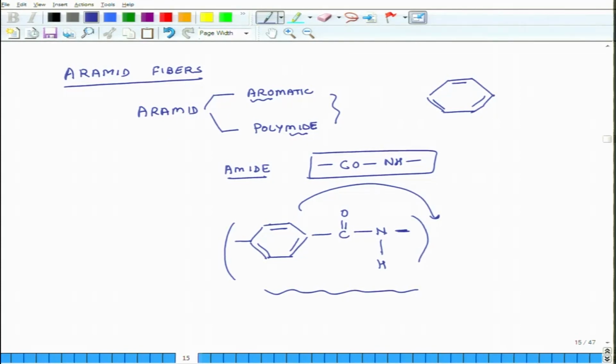They are known as aramid fibers. Now, this is a scientific name, and the first time such type of fibers were developed was by a company known as DuPont. It is a US based company, and they gave it a name called Kevlar fibers.